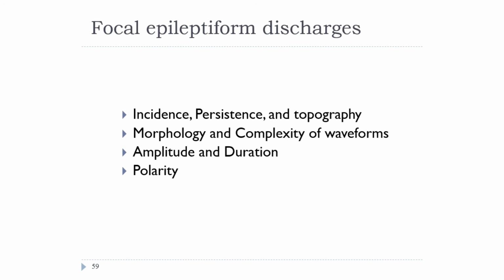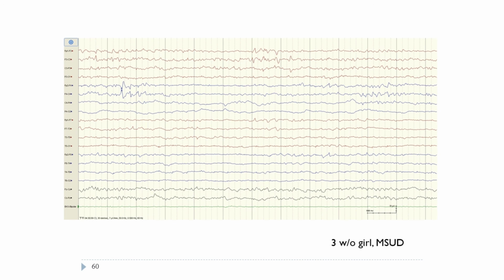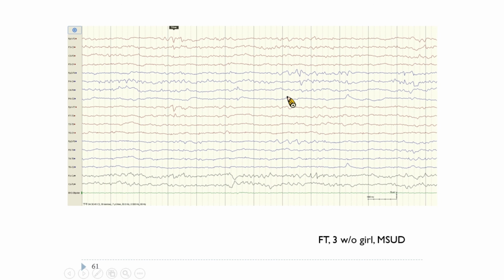And lastly, polarity. We have seen this girl's EEG earlier, MSUD with a continuous background, yet too many spikes, or sharp waves, independently in the bilateral frontal areas.